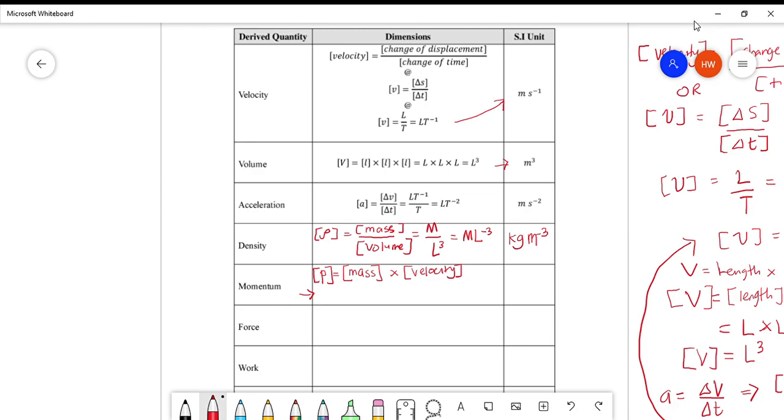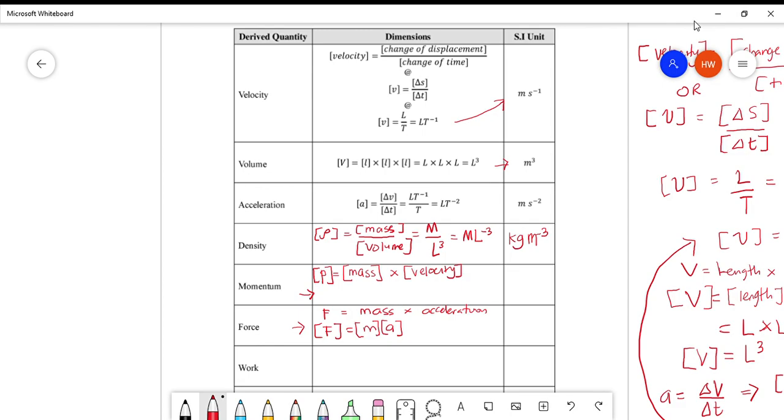And force is equal to mass times acceleration, or you can also just use F equals ma. But remember to put the square bracket because we want to find the dimension for F. So you need to solve this question also.